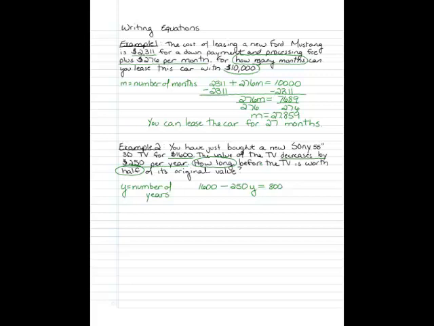Now we have an equation that we can solve. So I'm going to subtract 1,600 from both sides. So on the left, we have negative 250y equals 800 minus 1,600, negative 800. Divide both sides by negative 250.